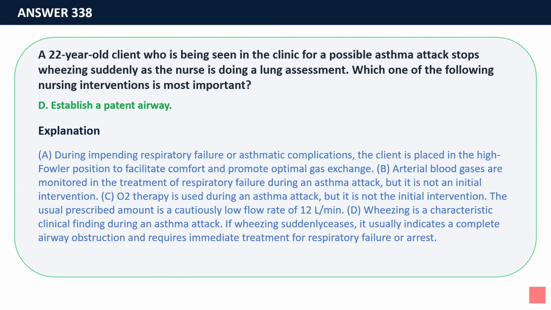C. O2 therapy is used during an asthma attack, but it is not the initial intervention. The usual prescribed amount is a cautiously low flow rate of 1 to 2 liters per minute. D. Wheezing is a characteristic clinical finding during an asthma attack. If wheezing suddenly ceases, it usually indicates a complete airway obstruction and requires immediate treatment for respiratory failure or arrest.